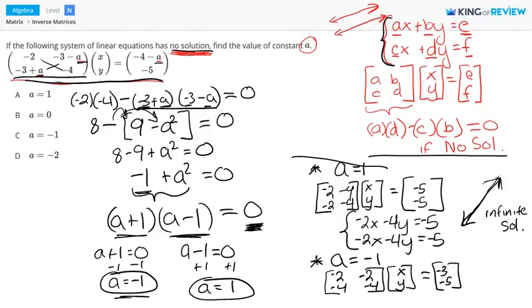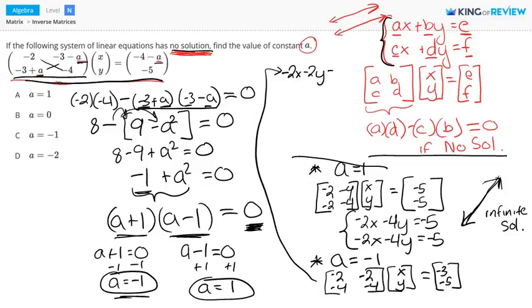So I'm going to write the equations for these right here. So this would be negative 2x minus 2y equals negative 3 and negative 4x minus 4y equals negative 5.